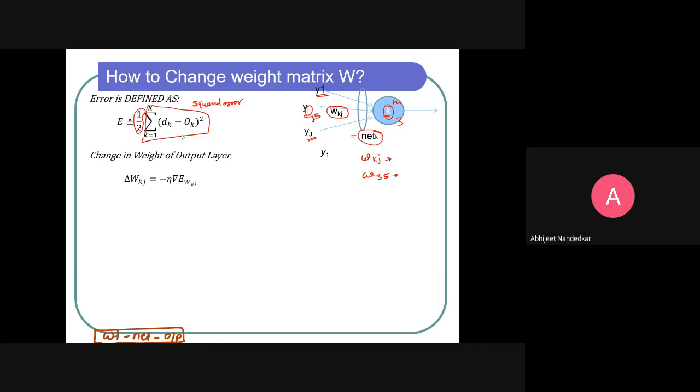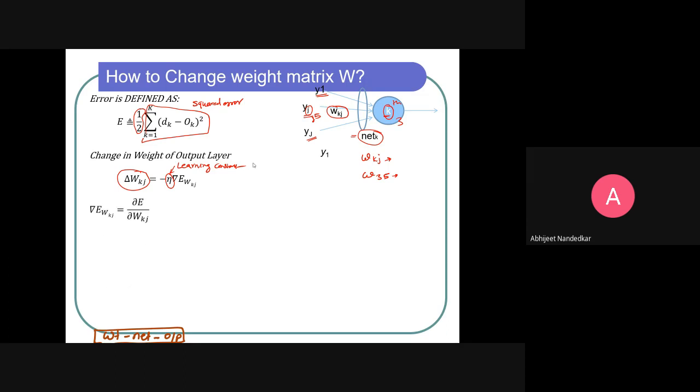Now, as per our principle, we go with the negative gradient of the error. We can use that direction for changing the weight. Here eta stands for the learning constant. Negative is the direction that we want to travel.